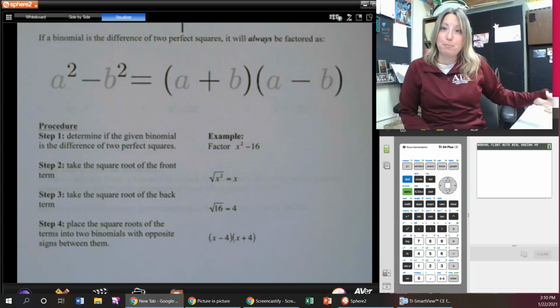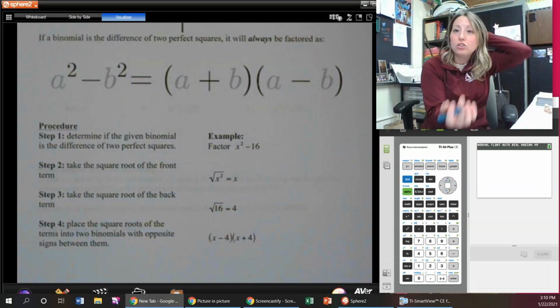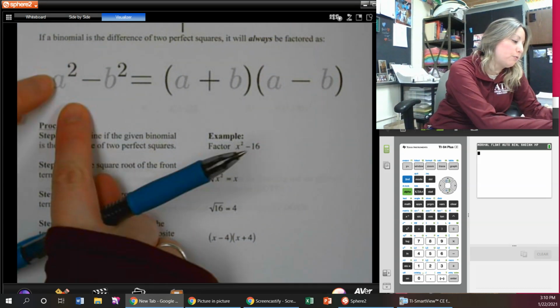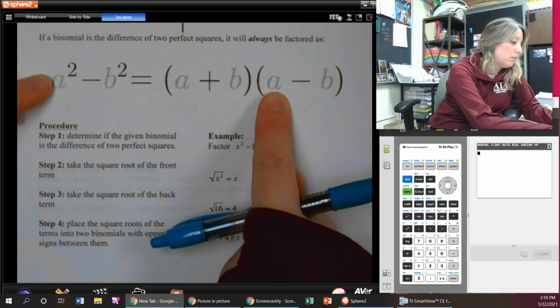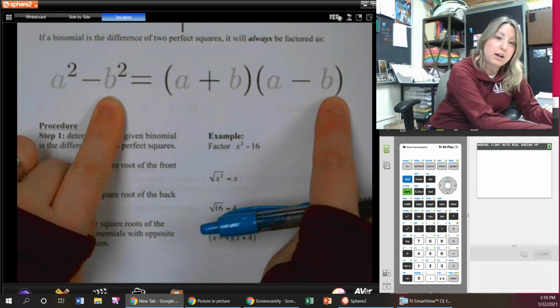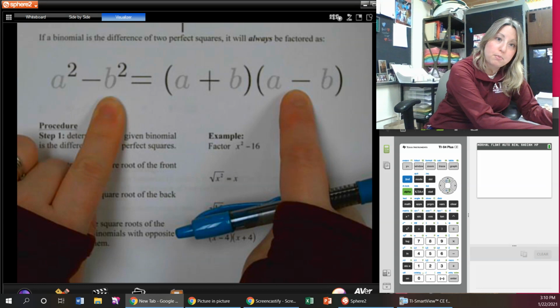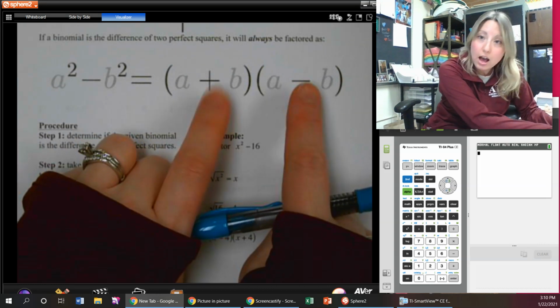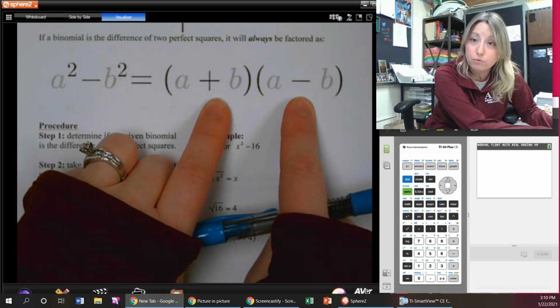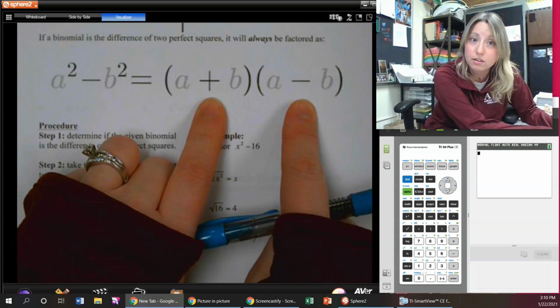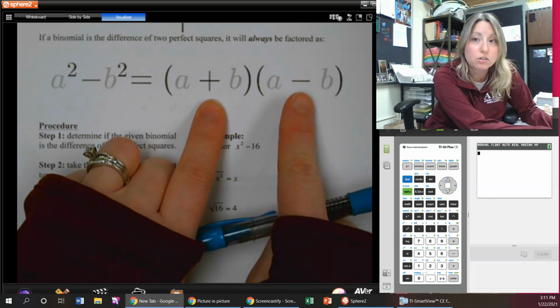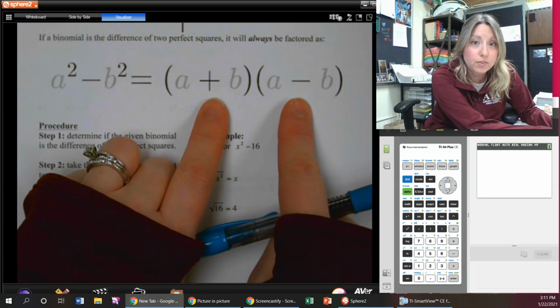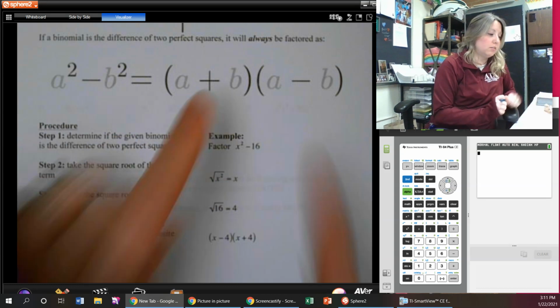This is what happens. It always goes back to take the square root of the front term, put it in the fronts. Take the square root of the back term, put it in the backs, different signs between them. Because you have these conjugates here, which is a vocab term I used in chapter 6, their middles cancel out. Okay? Because they're opposite signs here.